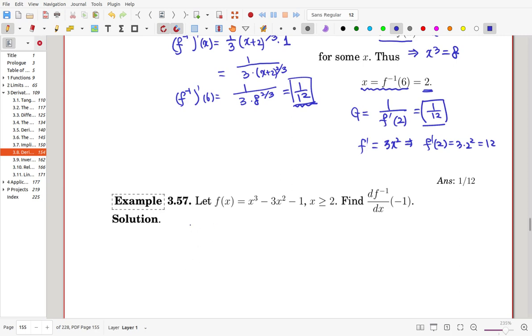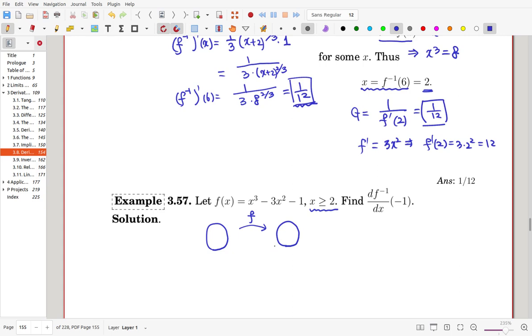Here, pictorially, the domain of f is given here, and of course here x is larger than or equal to 2, and that is the codomain, and then f is given over there.